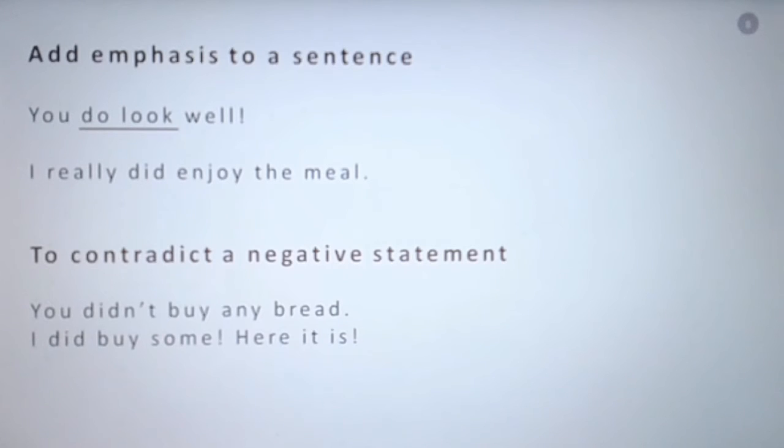Next example, I really did enjoy the meal. So instead of just saying this sentence by using the ordinary form, I really enjoyed the meal, you put an emphasis on your sentence. I really did enjoy the meal. It's tasty.